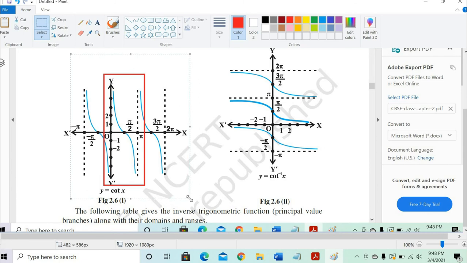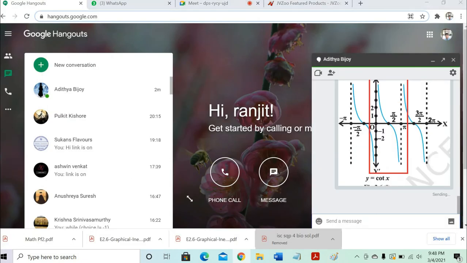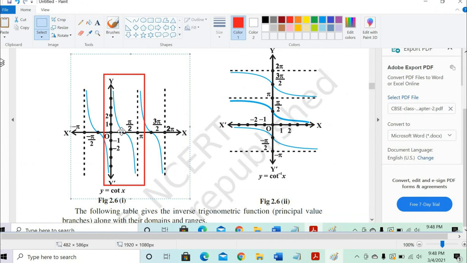Now when you focus on 0 to pi, what will happen here? Cot x is basically the reciprocal of tan. What was happening to tan between 0 and pi by 2? It was going from 0 to infinity.